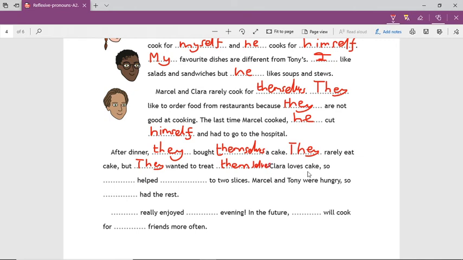Next sentence: Clara loves cake, so she, talking about Clara from somebody else's perspective, so she helped, and in this case it's herself. She helped herself to 2 slices. Marcel and Tony were hungry, so in this situation we've got "they". They had to rest.